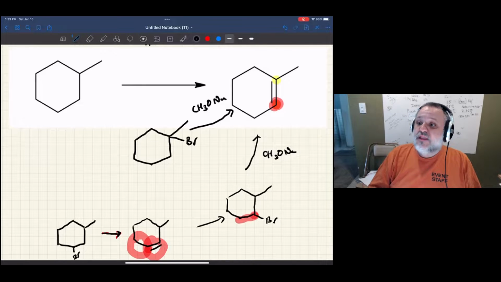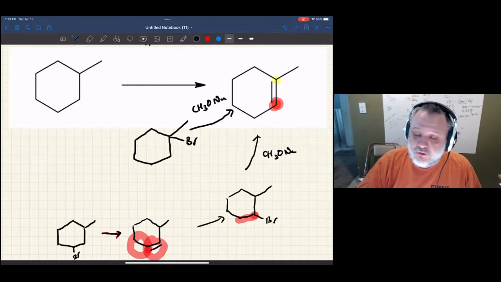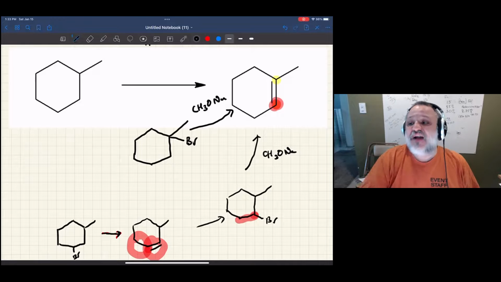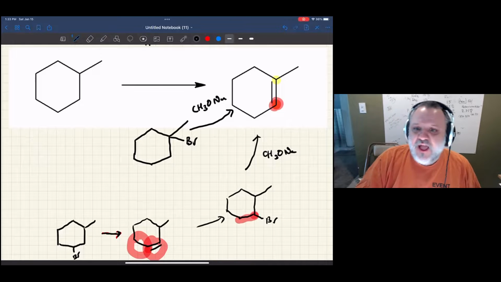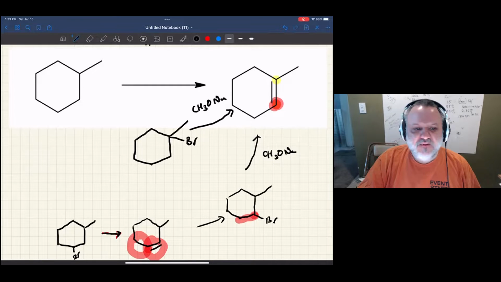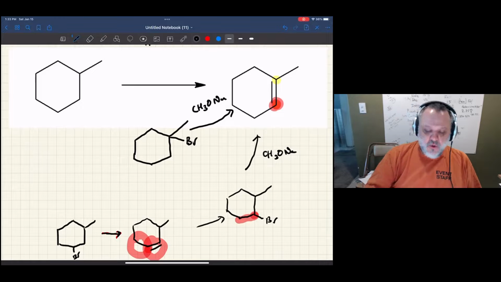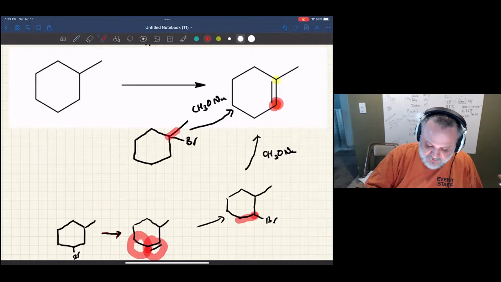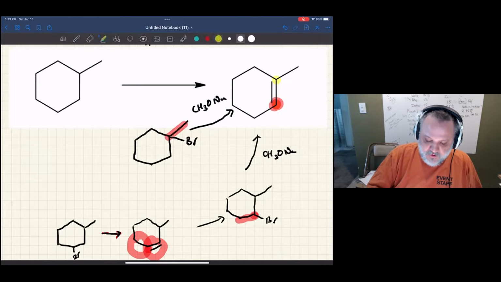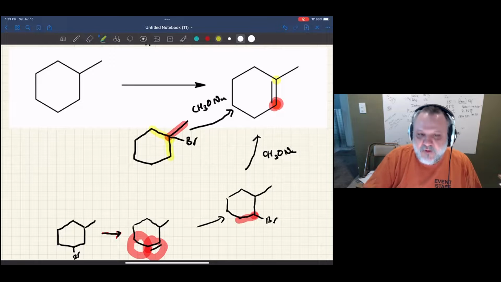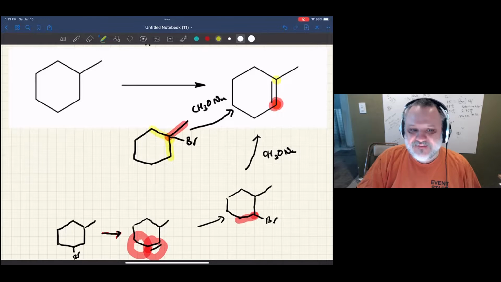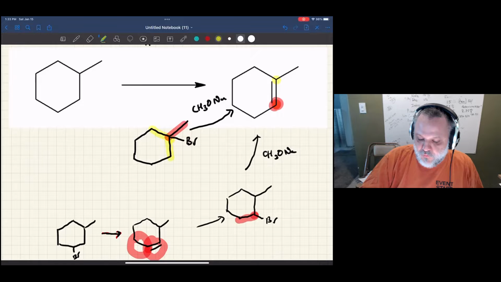Now that the bromine is in a tertiary location, I've got more options. Sure, I could still have done hydrohalogenation, and I could have had a couple of options. I could have a double bond here, or I could have had a double bond there. And keep in mind, the two yellow locations are identical. The yellow is just going back to where we started, so that's not the way to think about it.